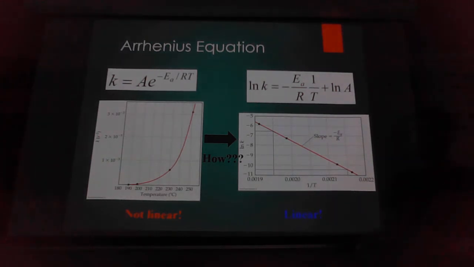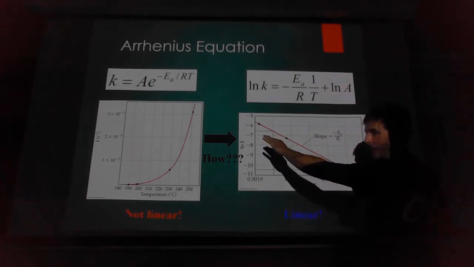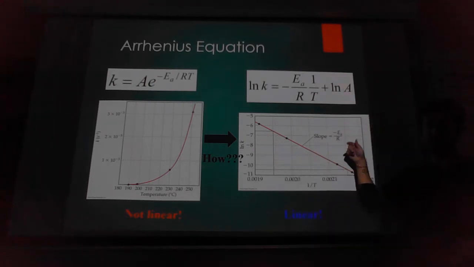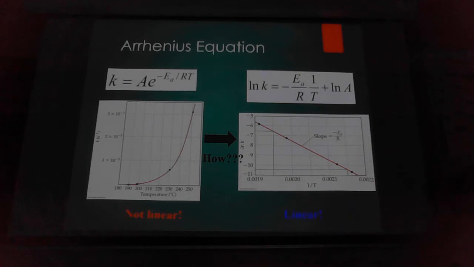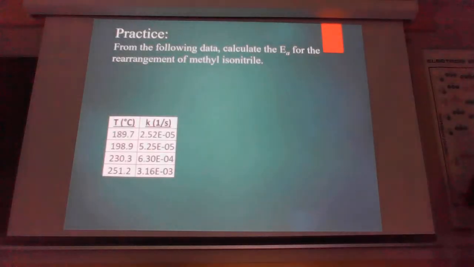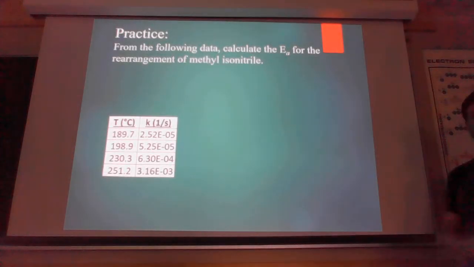The point of that is, if you measure for a given reaction the rate constant at several temperatures, you graph this relationship, then we can actually use that data to find E sub A. So what does that look like if we're actually going to apply this ourselves?